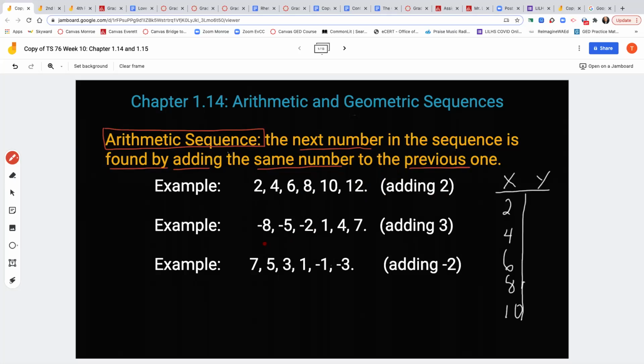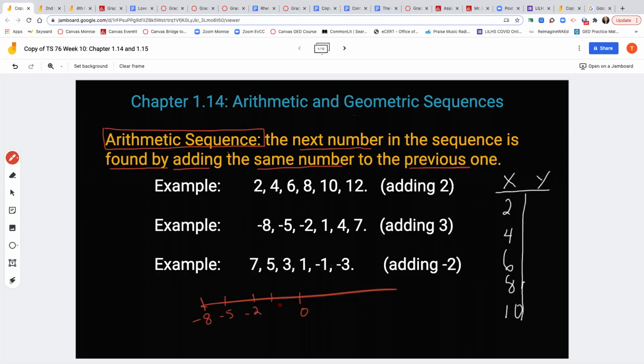Another example, just to familiarize yourself with: if I had -8, that's way out on my number line. If this is 0, that's way out here at -8. If I added 3 to that, it's going to get closer to 0. It's getting greater, so it would be -5. If I added 3 to that, it becomes -2.